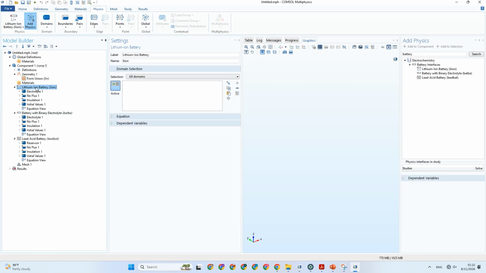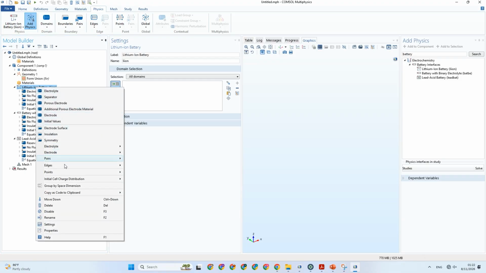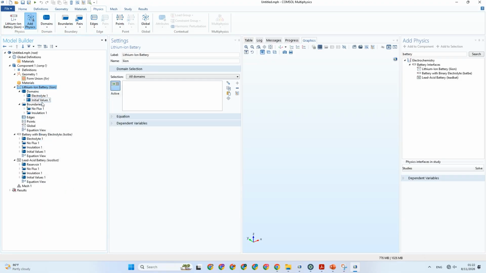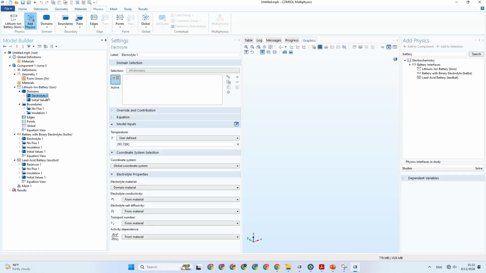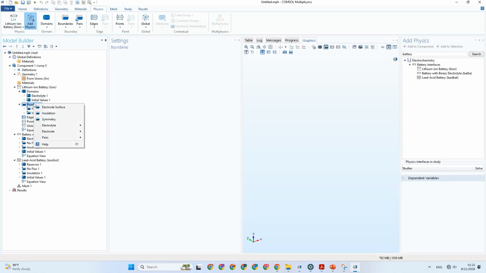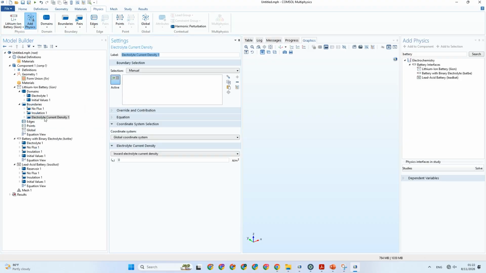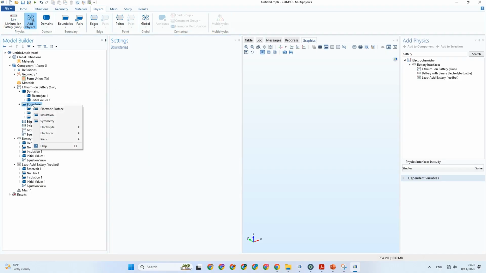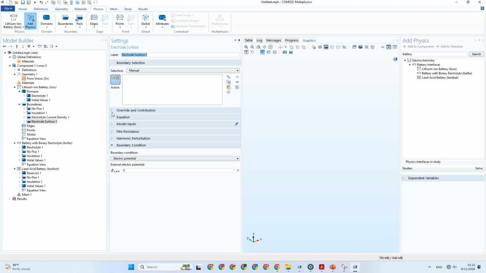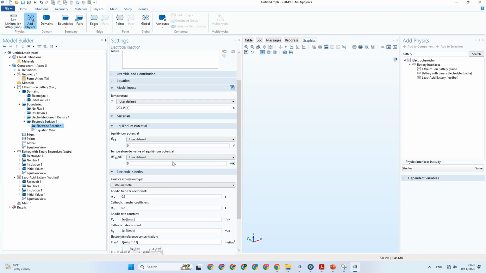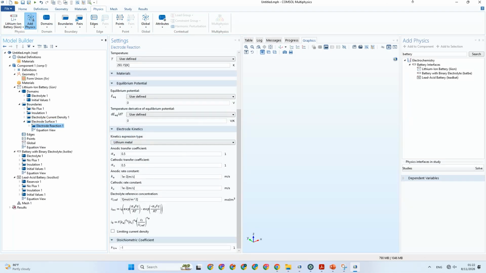Okay, for example, for this one, I just group by space dimension. I can choose this has electrolyte, and in boundary we can add electrolyte current density, or electrode surface. Oh yes, I think this is good. Lithium-ion battery, it's good.